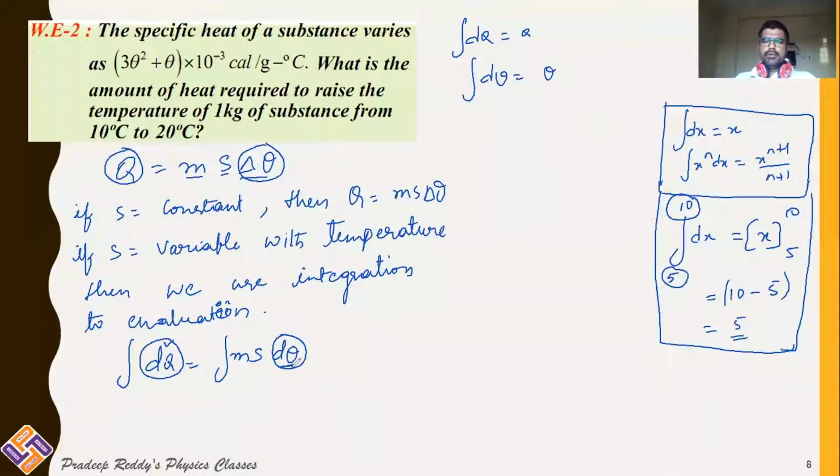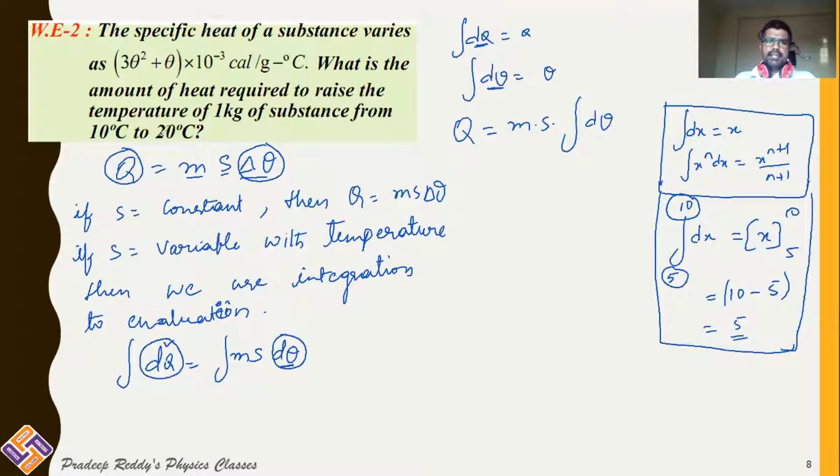So integration of dQ is m s dθ, but integration of dQ is Q and integration of dθ is θ. So I will write Q is equal to mass of the substance into specific heat of the substance into integration dθ.